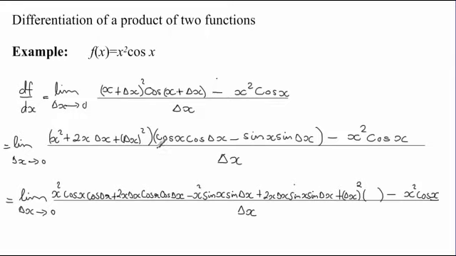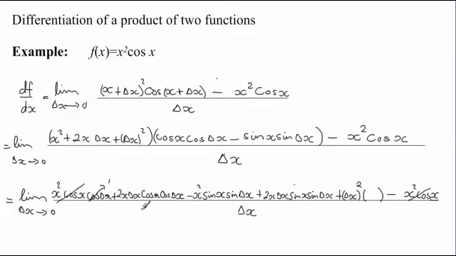What is left now is to multiply this bracket by delta x, so I've put delta x multiplied by the bracket, minus x squared delta x. Now if we analyze briefly the limit as delta x tends to 0, you will see that cos delta x will tend to 1, which leads to the simplification of this term and that term.